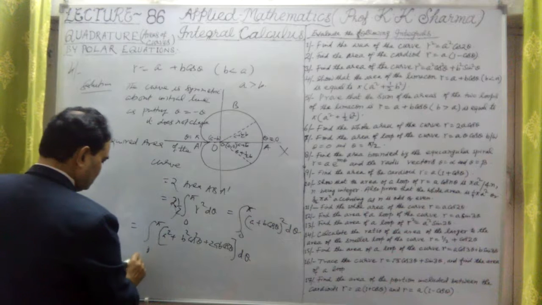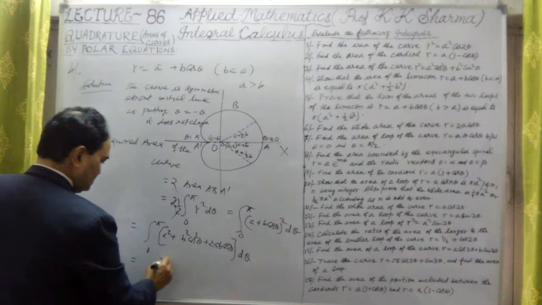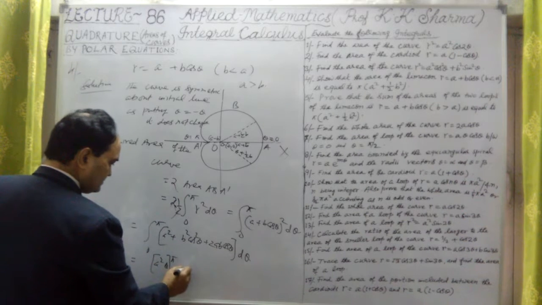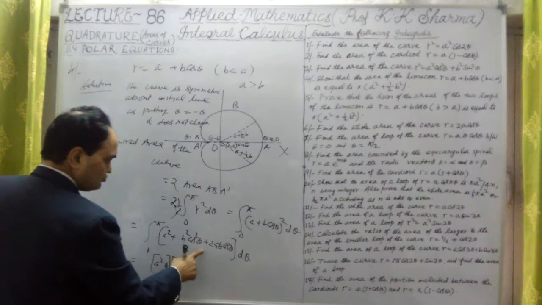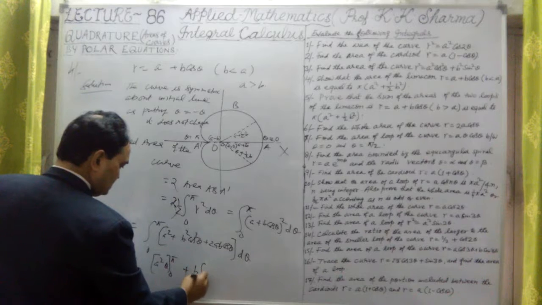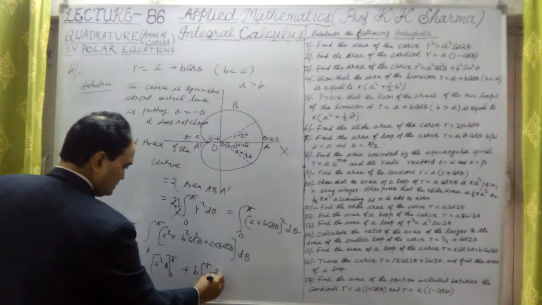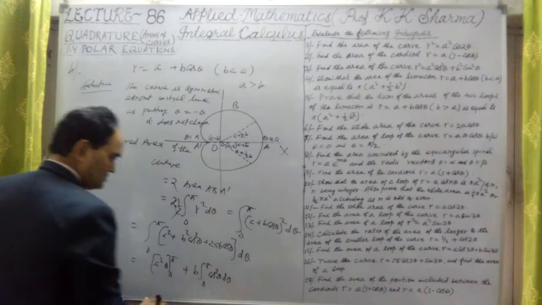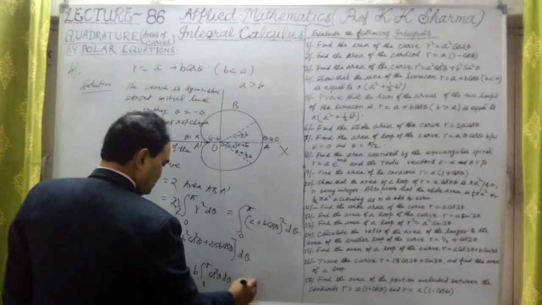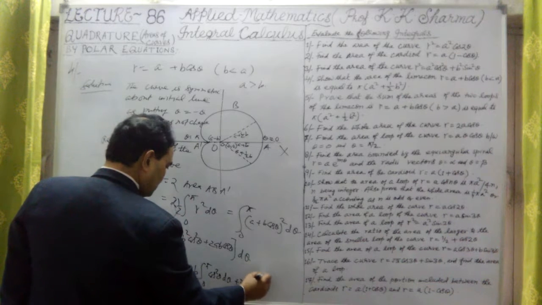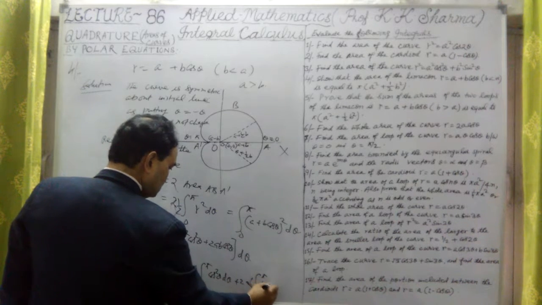So it will give us a square theta, limits 0 to pi, let me separate this, plus b square, 0 to pi, cos square theta d theta, plus twice ab, integration 0 to pi, cos theta d theta.